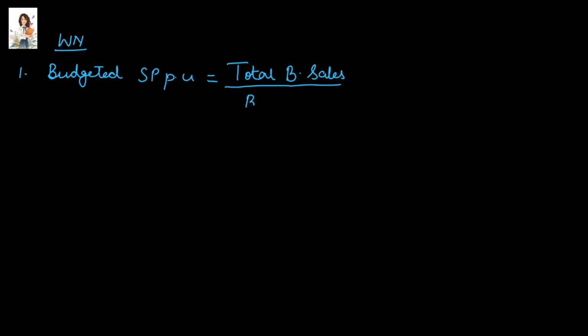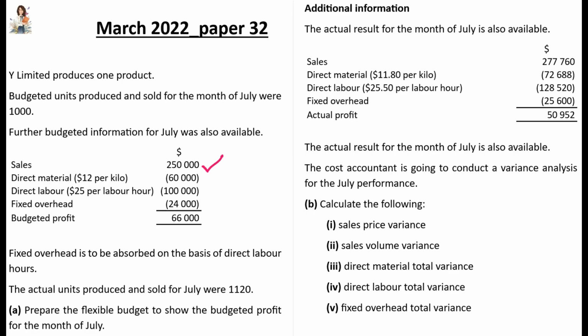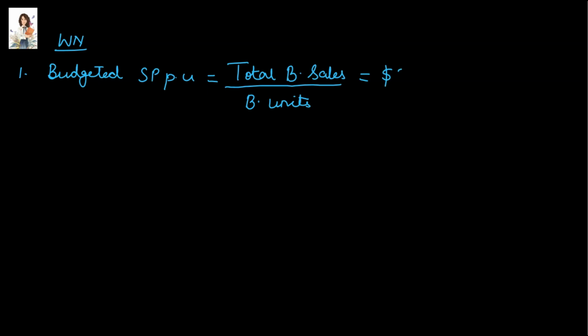So, this is working note 1, budgeted selling price per unit is equal to total budgeted sales upon budgeted units. We know that budgeted sales were 250,000 and budgeted units were 1000. So this is $250,000 upon 1000 units.